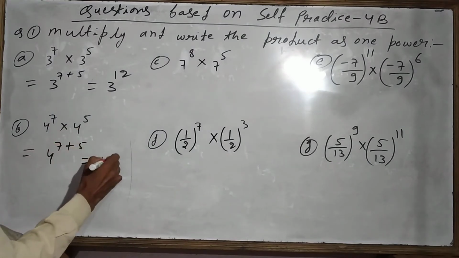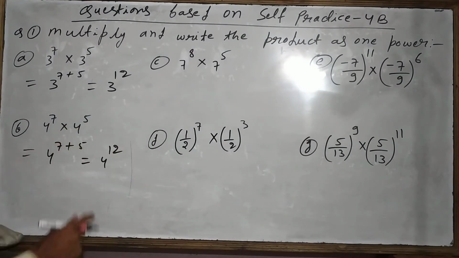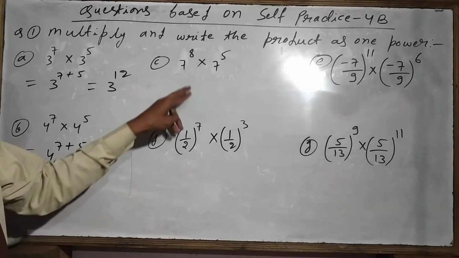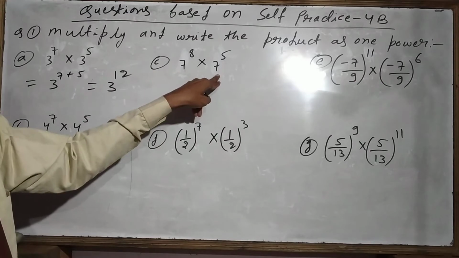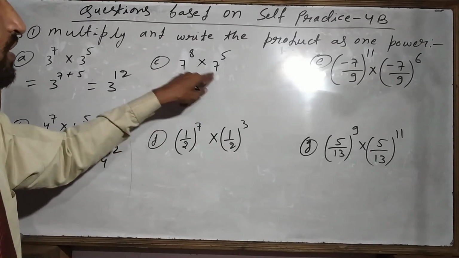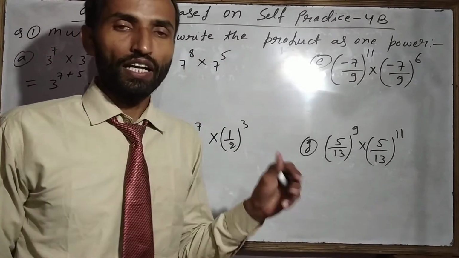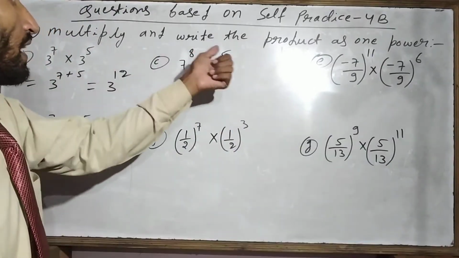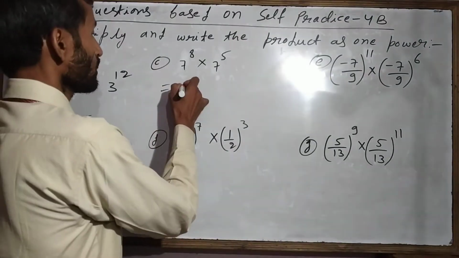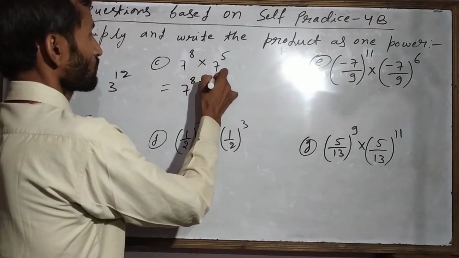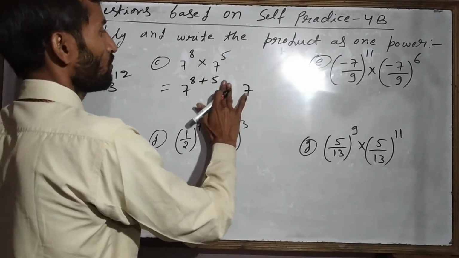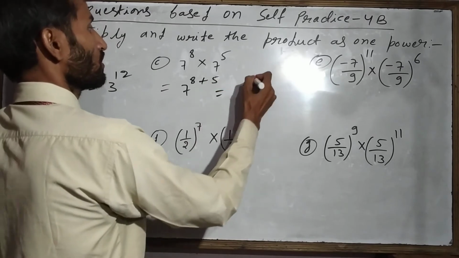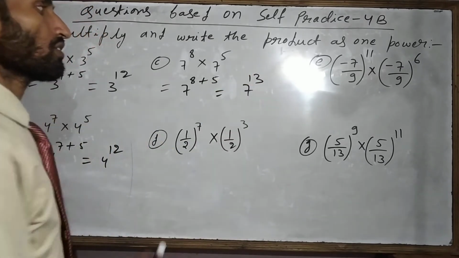Okay, this is the answer. Next one, 7 power 8 into 7 power 5. Here both bases are the same and the power is different, and multiplication is there, so we will add both the powers, so it will come 7 power 8 plus 5. How much will come? 8 plus 5 is 13. So the answer is 7 power 13.